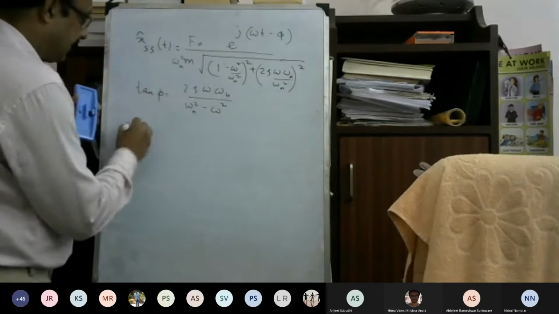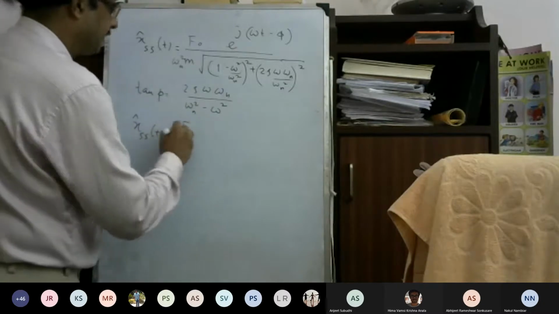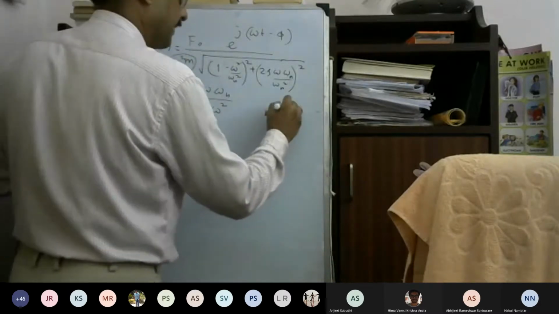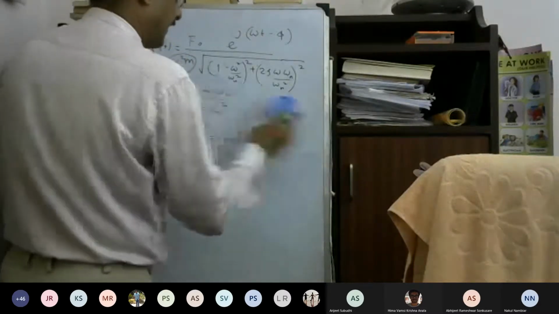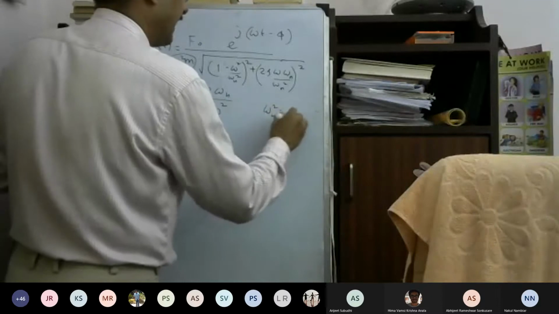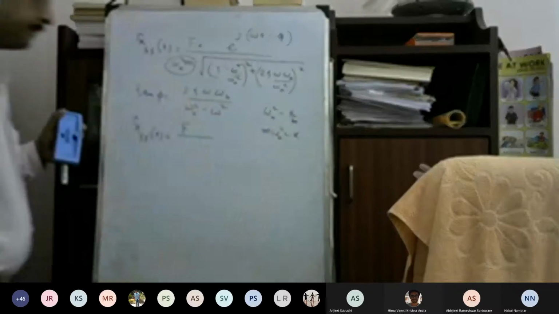Now what is this one? Let me check. x steady state will be equal to F divided by m omega n square. You know k equals omega n square m, that is omega n square equals k by m. So m omega n square will be equal to k.